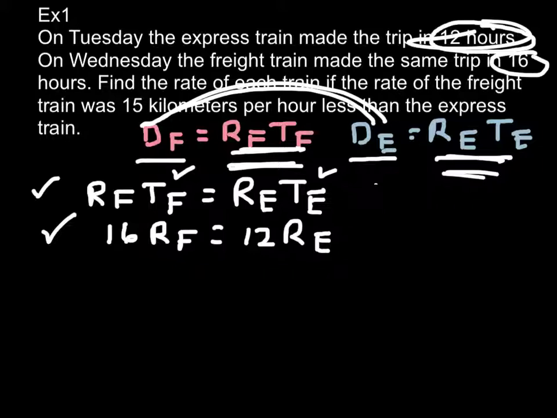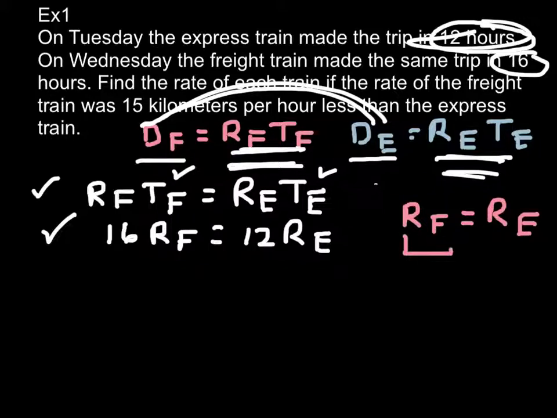It says find the rate of each train if the rate of the freight train, so here's my rate of the freight train, was 15 kilometers per hour less than the express train. So in other words, are the rates of the two trains the same? No, they're not.